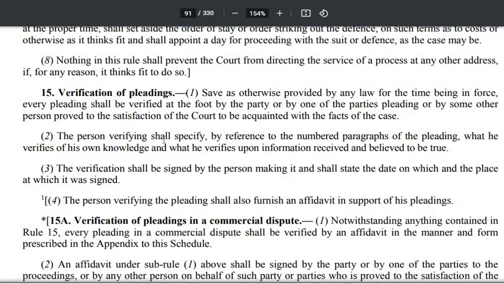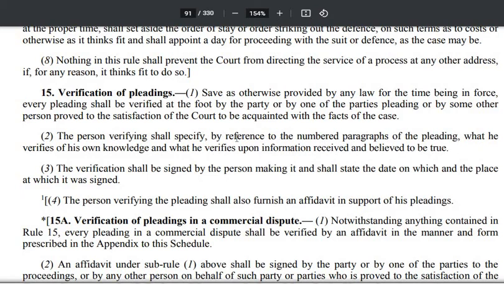And the person verifying shall specify by reference to the numbered paragraphs of the pleading what he verifies of his own knowledge and what he verifies upon information received and believed to be true.